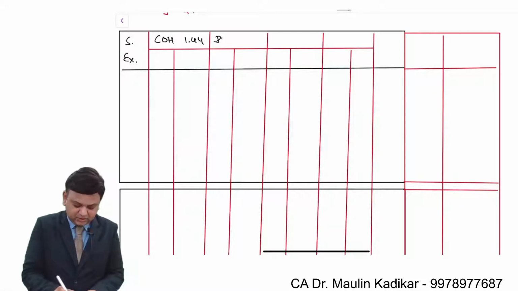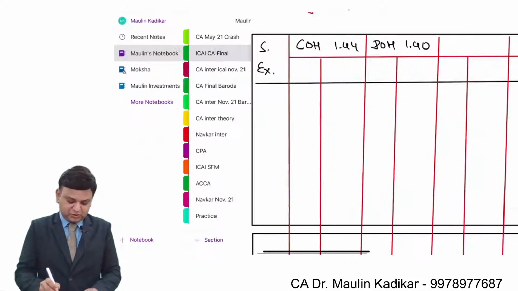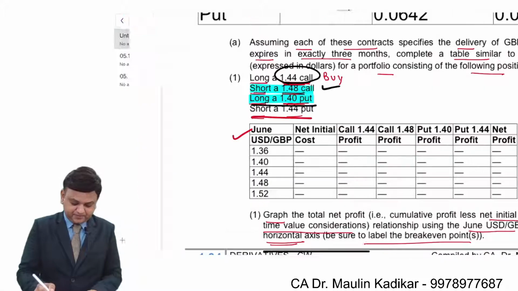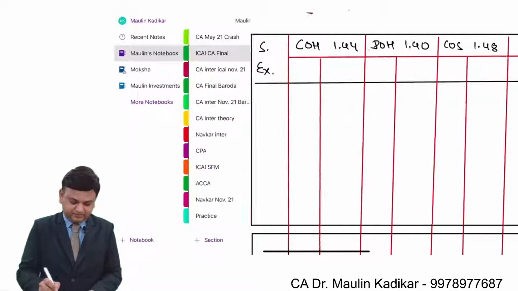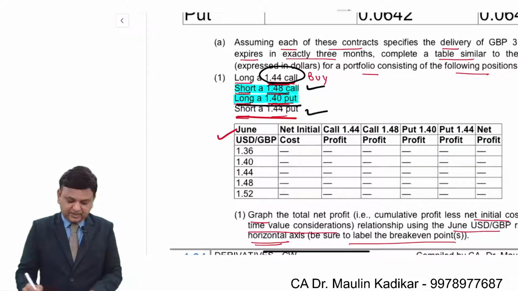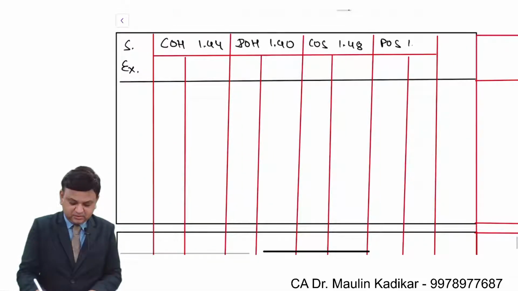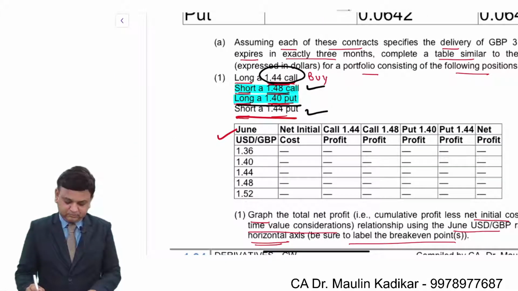So put option holder at $1.40 per pound. That is, you are purchasing the put option also. Then you sell call. So call option seller at the rate of 1.48. Next, put option seller at 1.44.